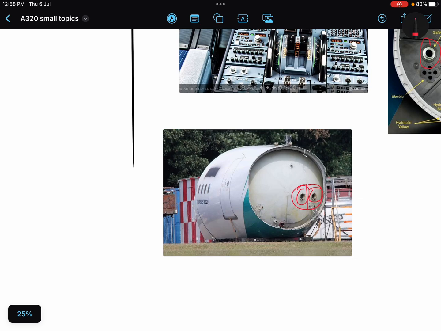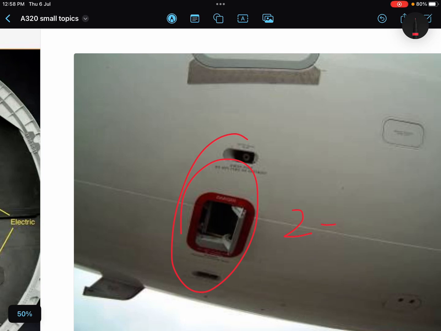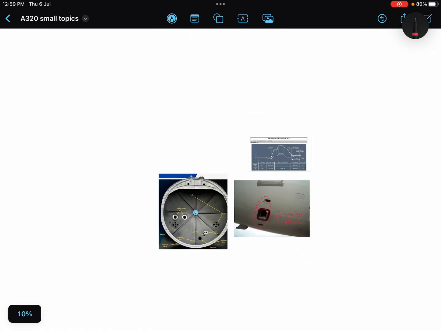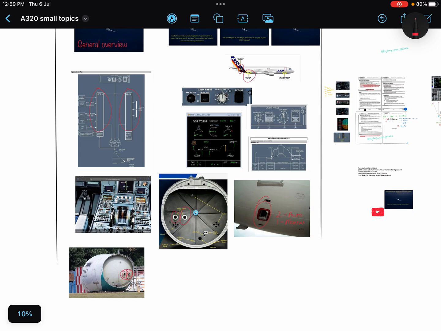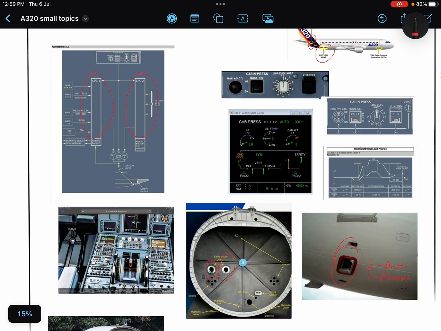The outflow valve actuator incorporates three electric motors, two for automatic control and one for manual backup, right? In normal operation, the system is operated in fully automatic control. However, it can also be operated in semi-automatic or manual control.